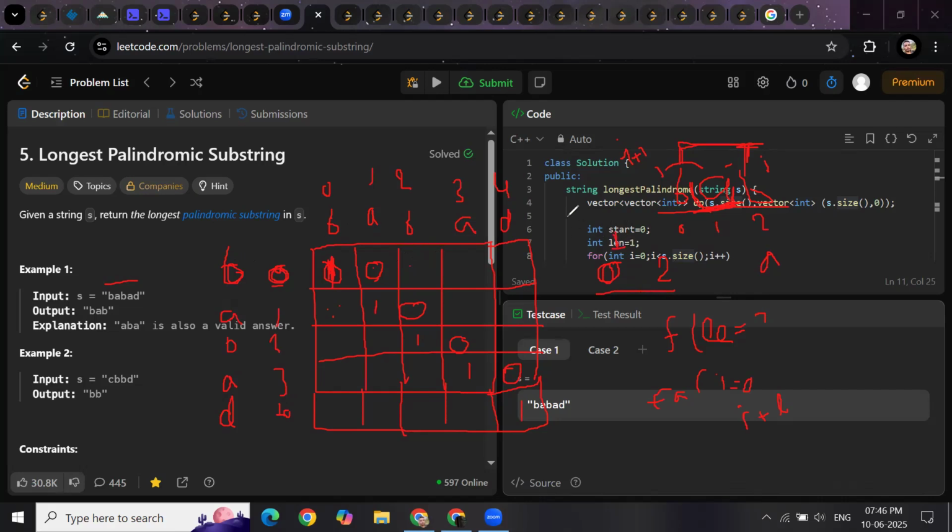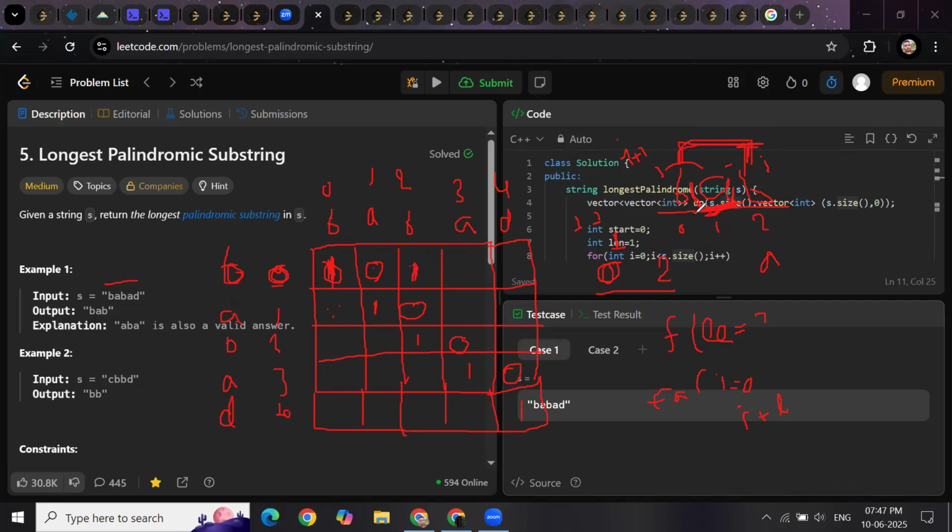So I will check in the matrix what is the value at 1, 1. So 1, 1 is 1. If it is 1, it means the middle of this string is a palindrome. So we will make this cell also 1, because we got that the starting and ending characters are equal and the middle of the string is a palindrome. Then this is a palindrome.